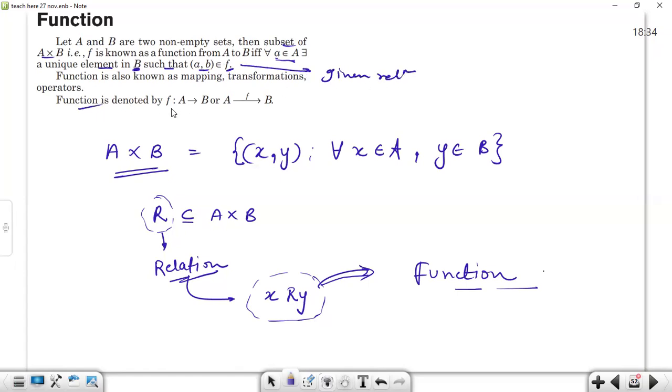A function is denoted by F from A to B. A function is also known as mapping, transformation, or operator.